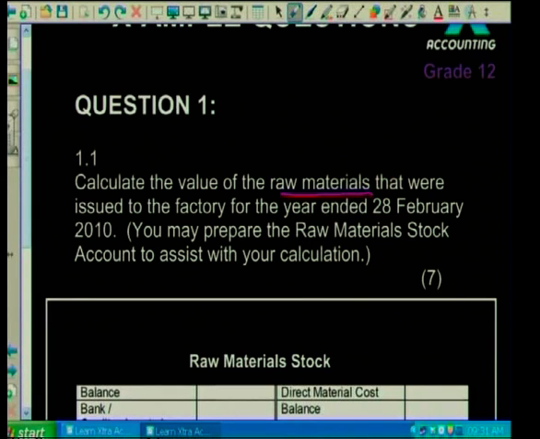And this question is for 7 marks. Right, guys, remember, with a question like this, you can use a ledger account or you can use any other calculation that you are comfortable with. Now, as accounting students, most of you are comfortable with ledger accounts, so let's now use the raw material stock account as a method for our calculation.